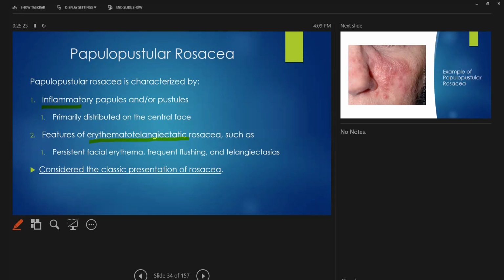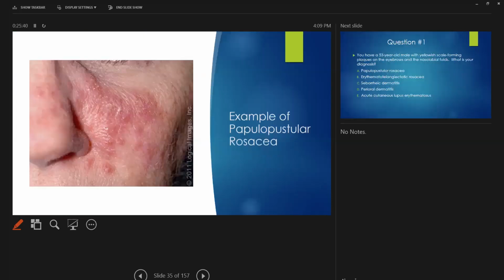But basically, this persistent facial erythema with this flushing in telangiectasias plus the papules and pustules, and that's how you get papulopustular. So the names really do kind of give you the idea of what we're talking about. But this is the papulopustular. So you can see that there's these nodules and these kind of cystic structures, as well as the dryness and redness.